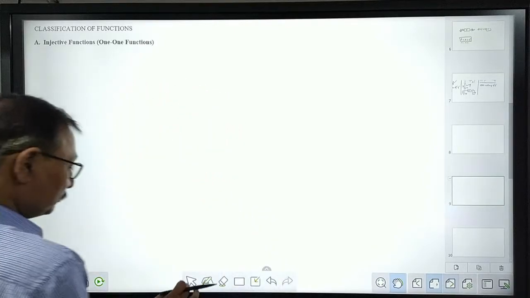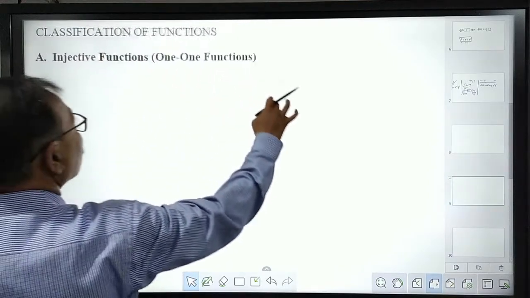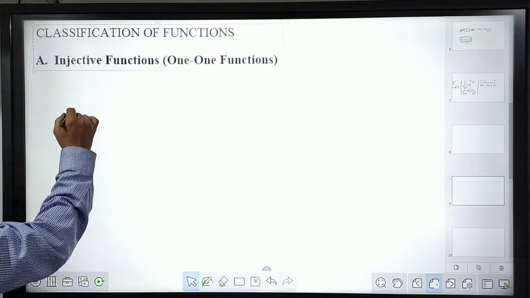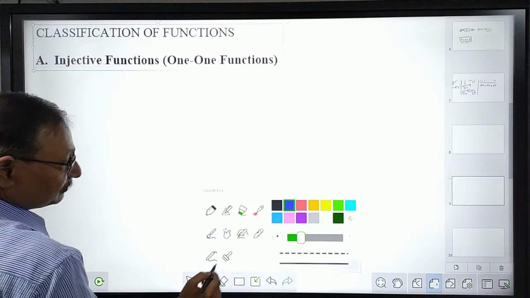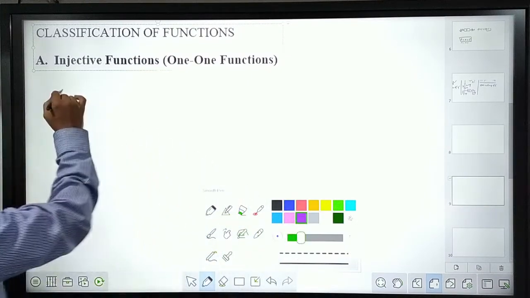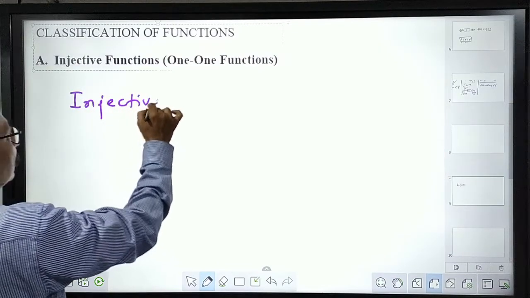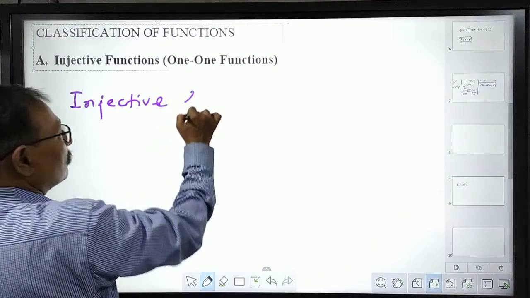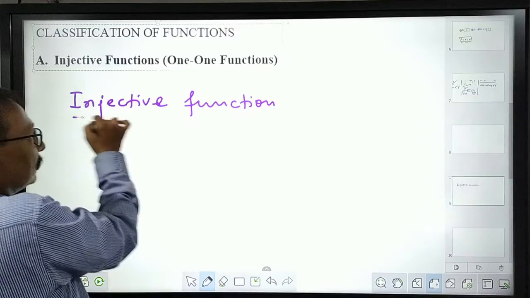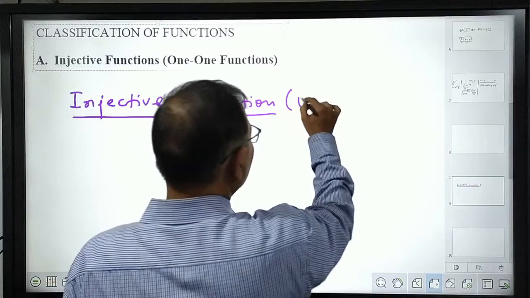So we start with this injective function as it is written here. Injective function, and its old name or traditional name is 1-1.